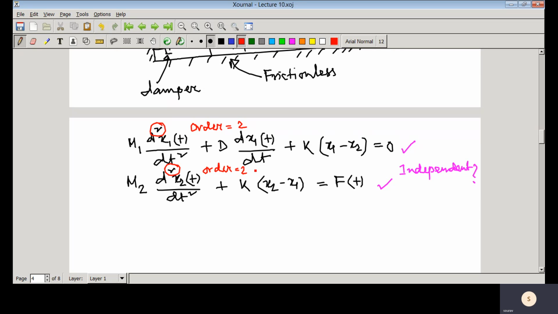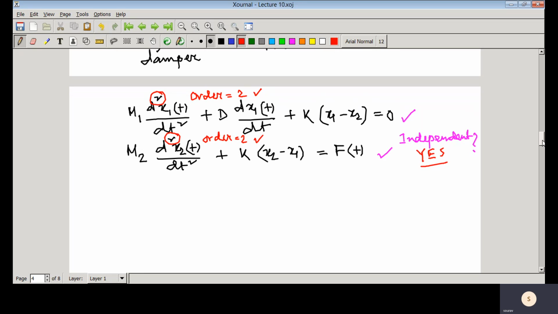So whenever you have more than one differential equation describing the dynamical system, the first step is to see whether the differential equations are independent or not. If independent, then just look at the order of the differential equations. Here you have 2, here you have 2.